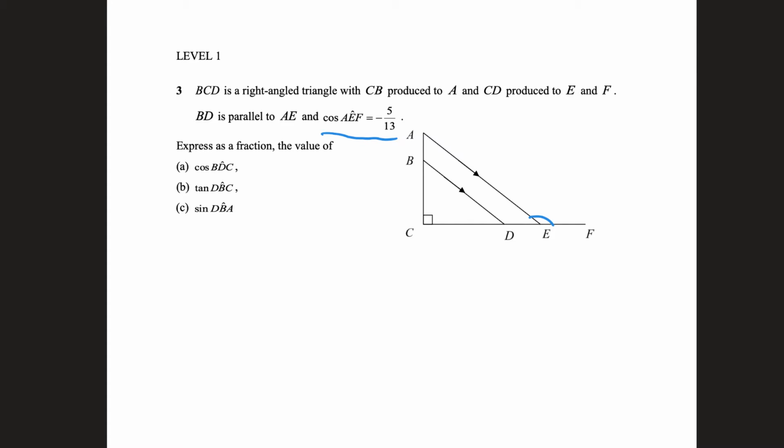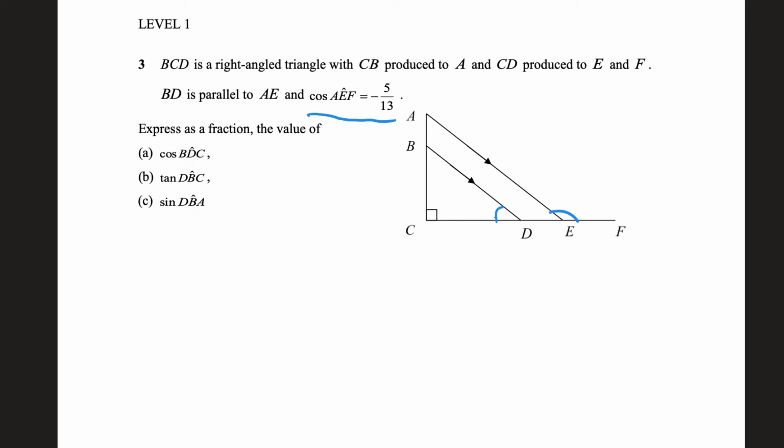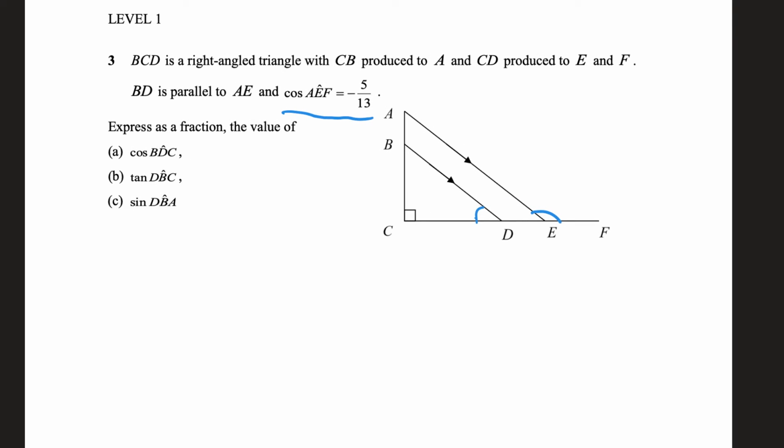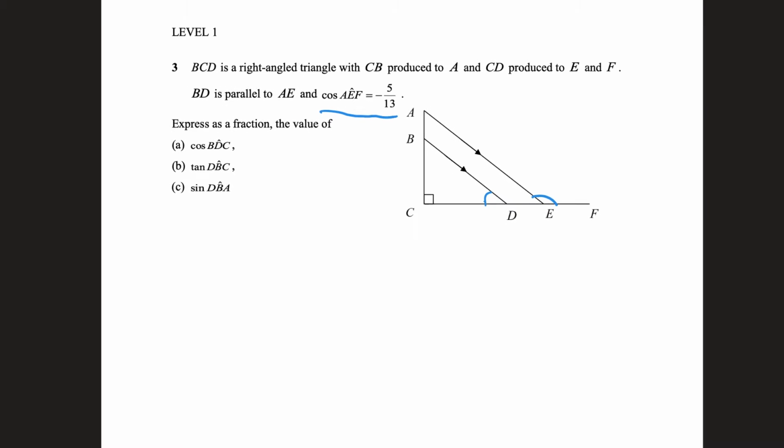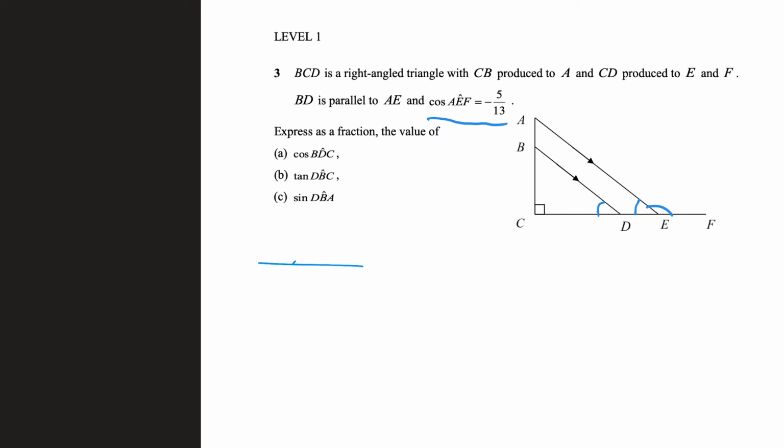Okay, express as a fraction the value of cosine BDC. So we're trying to find this one. If I know that cosine AEF is negative 5 over 13, one thing I definitely know is that cosine of AEC is positive 5 over 13. And once again, we go back to this, and you can see in the previous video, that cosine of theta equals negative cosine of 180 minus theta.